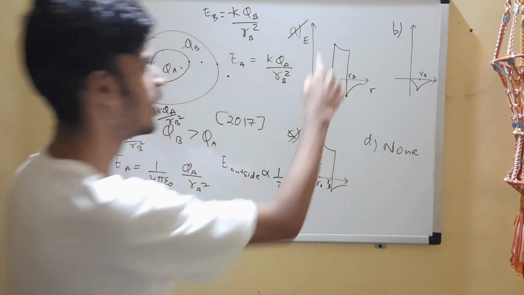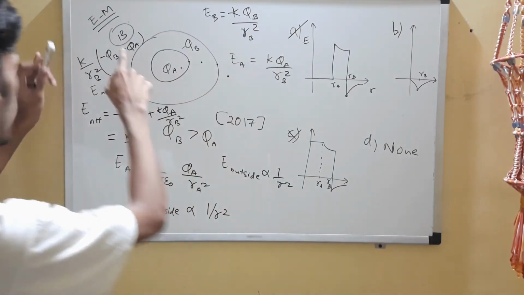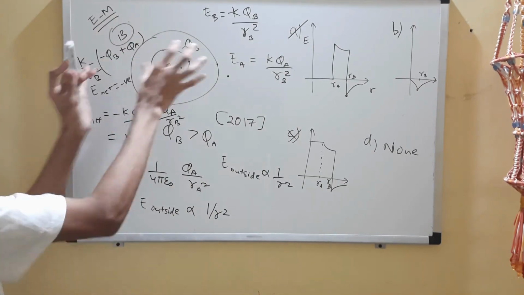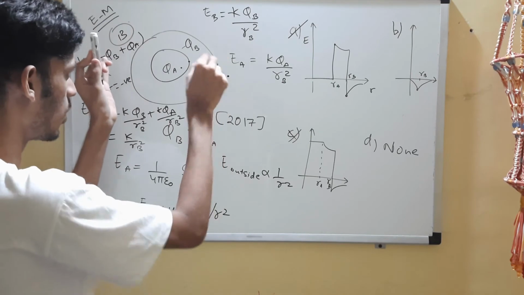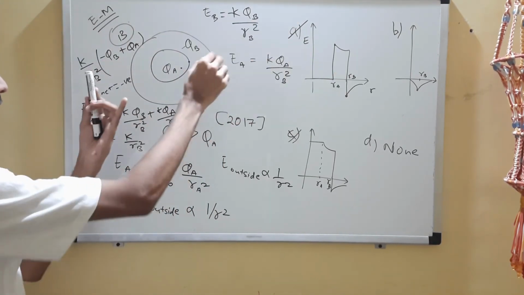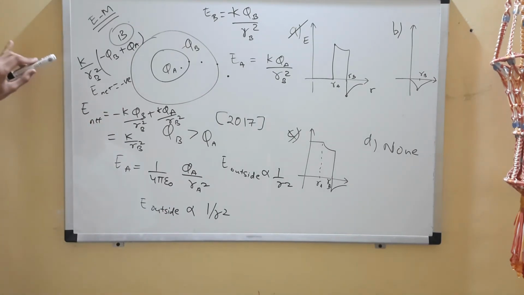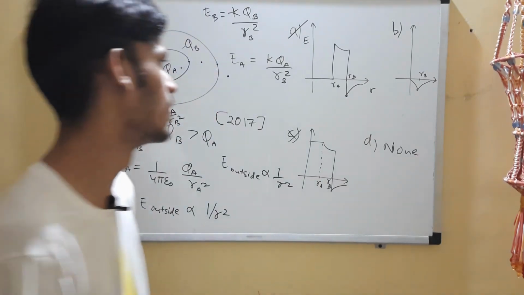So again here you can see the inverse relation. At RB we found the net field, which is due to both. Due to this one, because the point is on its surface, and this one is outside. So we found the net field to be negative, with some specific value over there.